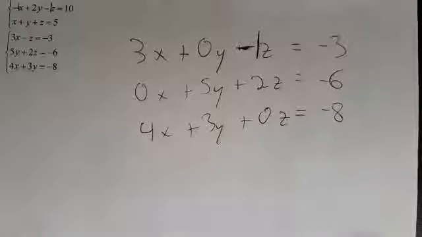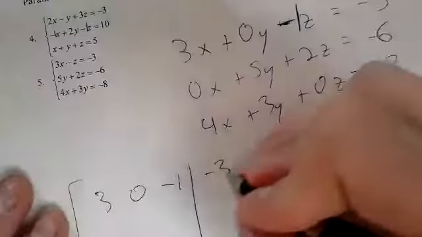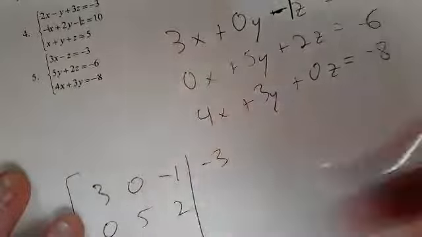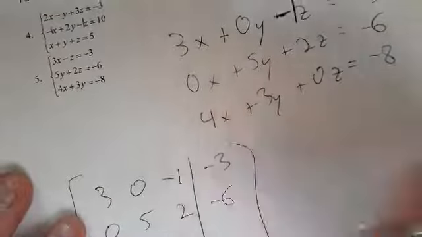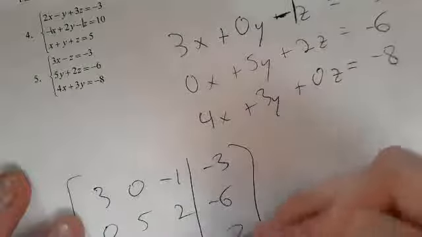If I write it out with the 0 coefficients, it might be a little bit easier to throw into a matrix. So 3, 0, minus 1, a little bar, minus 3; 0, 5, 2, minus 6; and 4, 3, 0, minus 8.